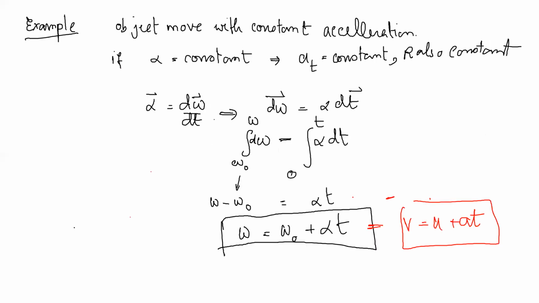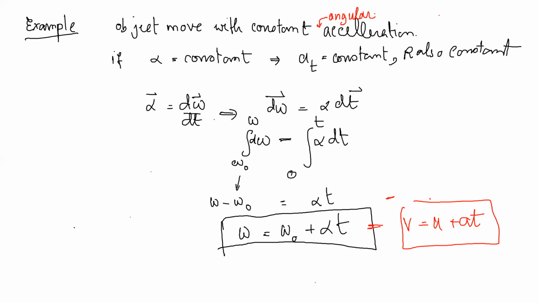Now let's take a look at some examples. For an object that moves with constant angular acceleration, you should have angular acceleration here. If alpha is constant, we know that the tangential acceleration is constant because r is also constant.